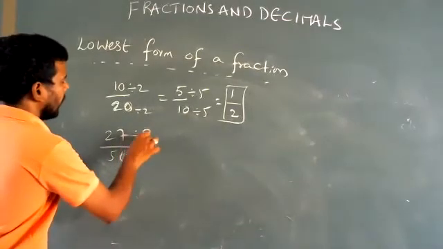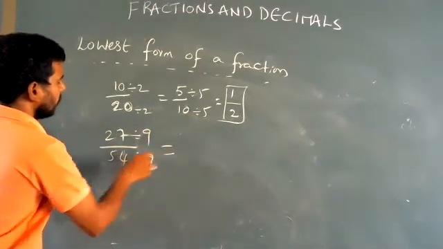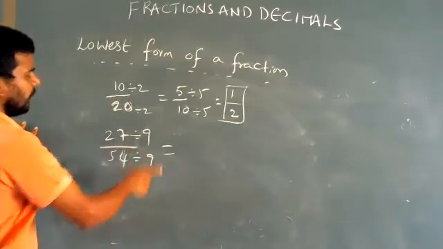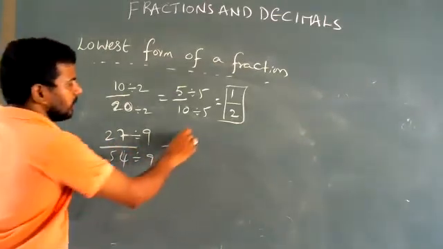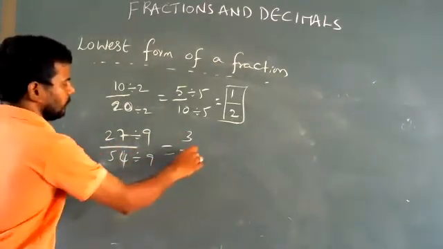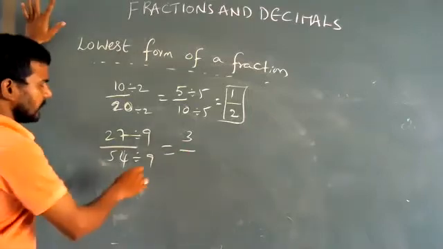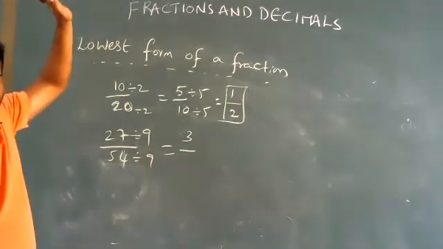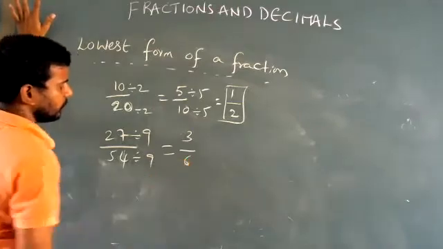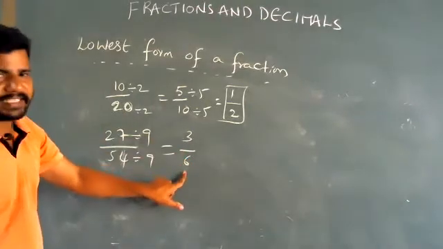So it is divided by 9. We get 27 divided by 9. What is the answer? 3. 3 9s are 27. 6 9s are 54. So 6. Now the answers are 3 and 6.